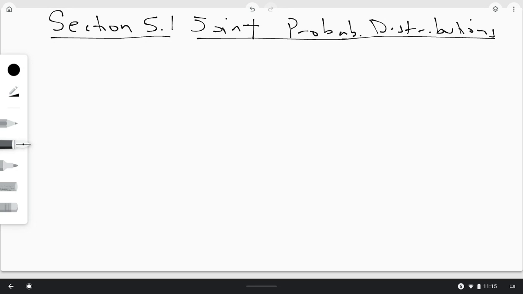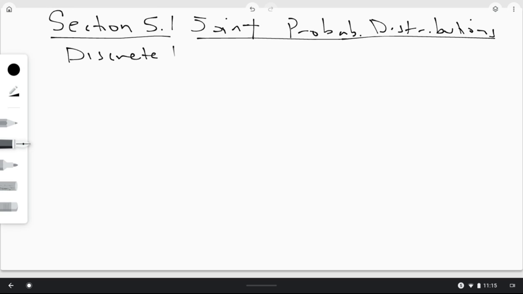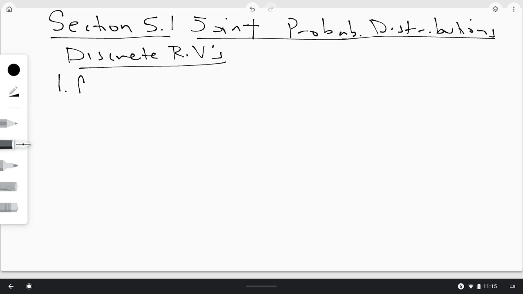So last time we talked about looking at joint probability distributions of discrete random variables. There were essentially three properties that we wanted to focus on. First, that f of xy has to be greater than or equal to 0 for all xy.